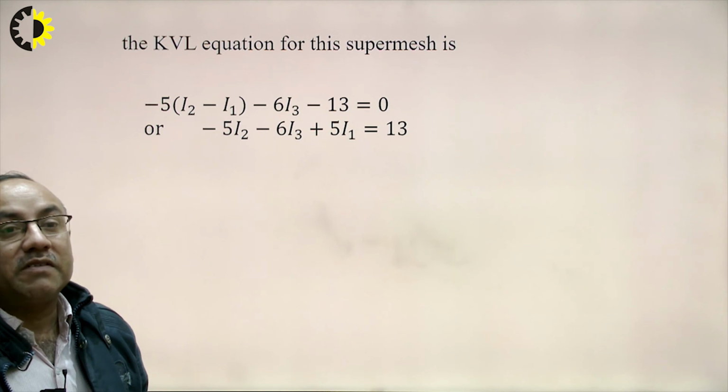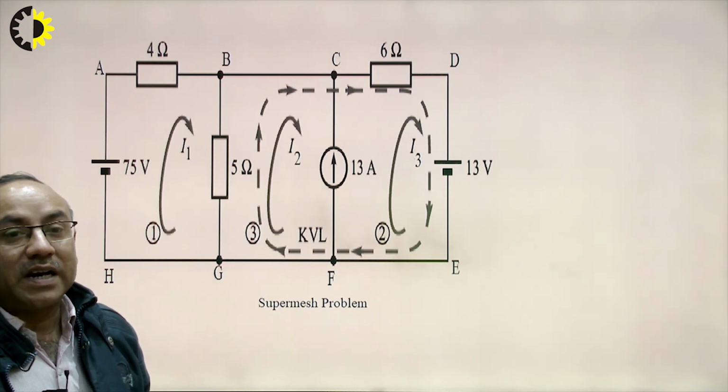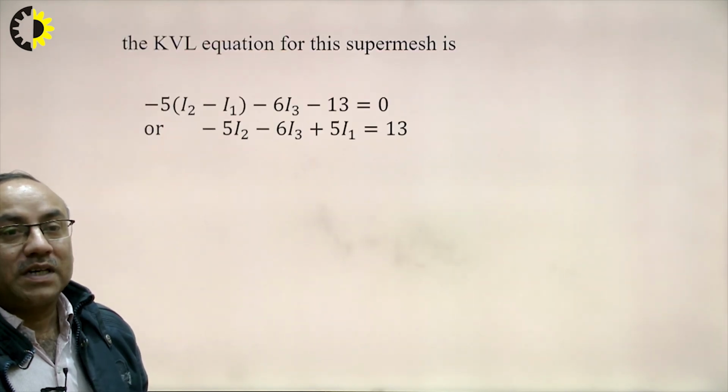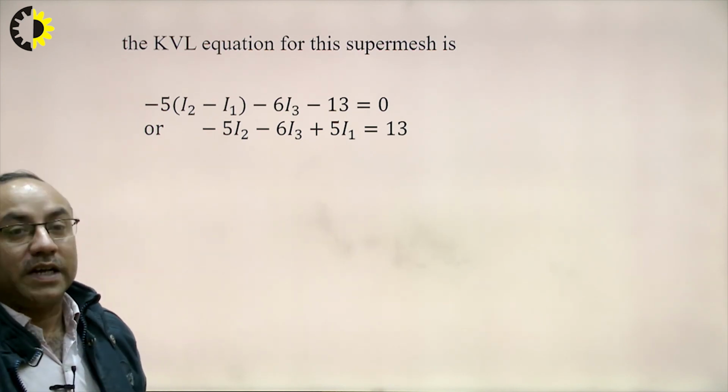If we see the previous slide, this super mesh consists of a 6 ohm resistance, a 13 volt battery and a 5 ohm resistance. So, we see the voltage drops across all such elements in this super mesh, and as per the orientation of I2 and I3 and the loop orientation, we write minus 5 I2 minus 6 I3 plus 5 I1 equal to 13.